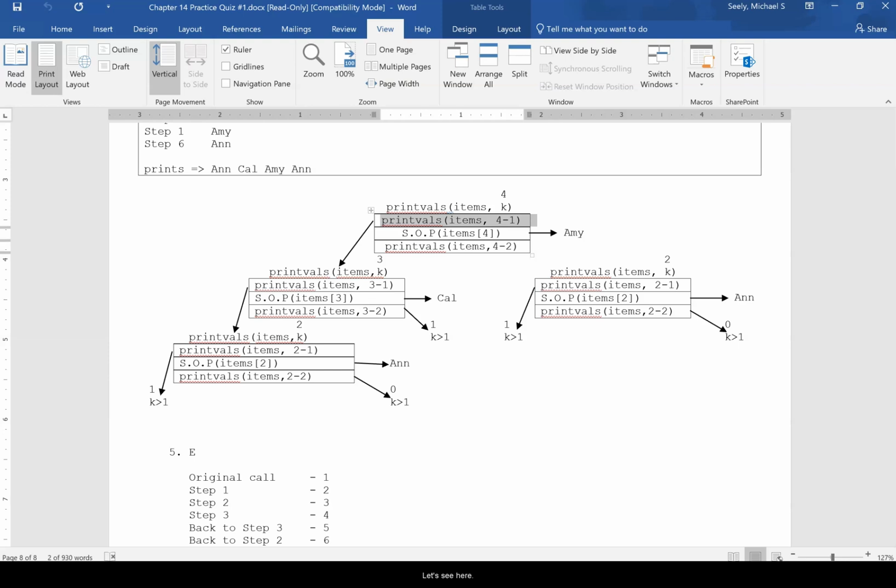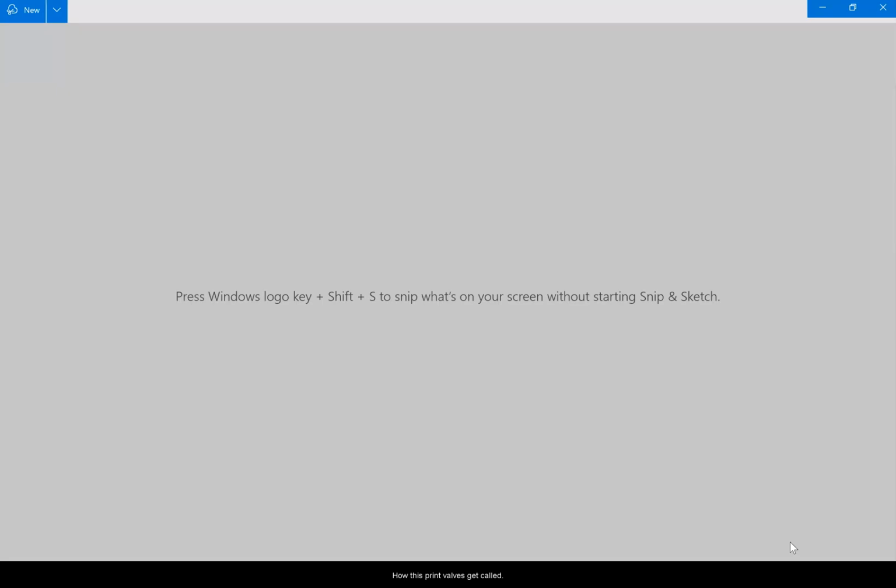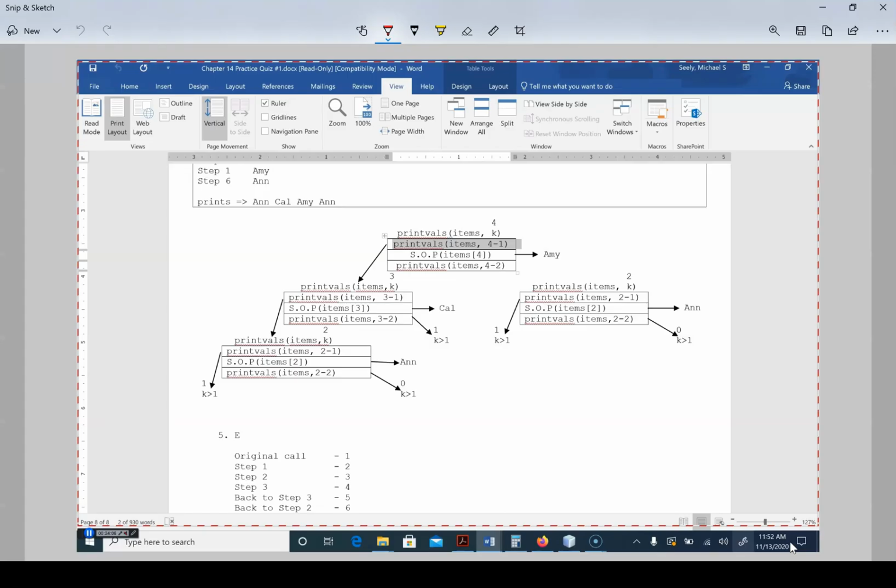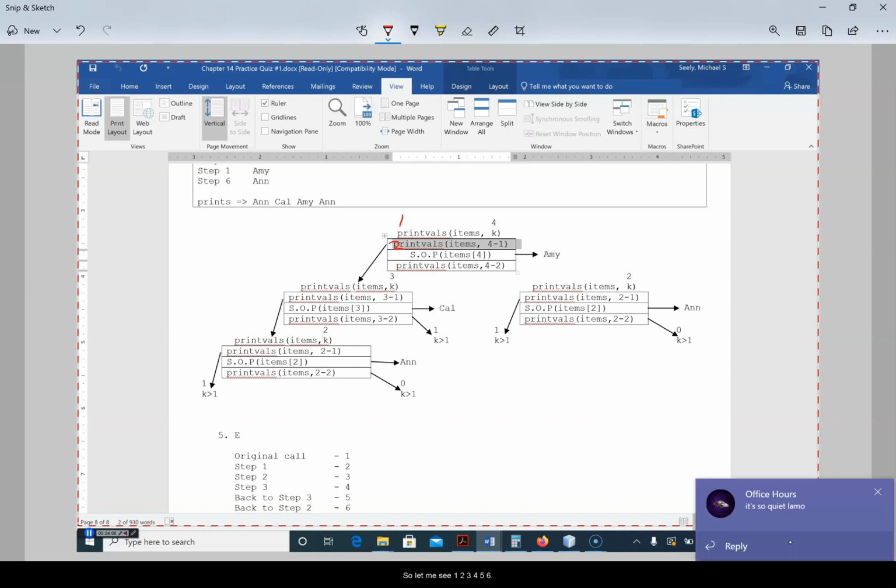Let me see here. 5. So let's kind of go through how this print vowels gets called. It gets called here, that's 1. Then here, that's 2. So let me see. 1, 2, 3, 4, 5, 6, 7, 8, 9.